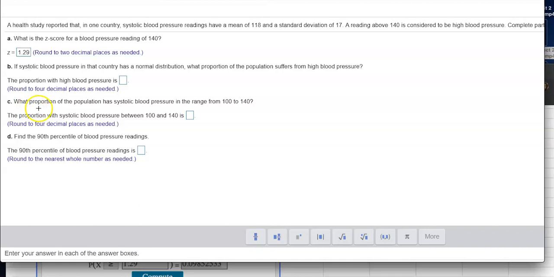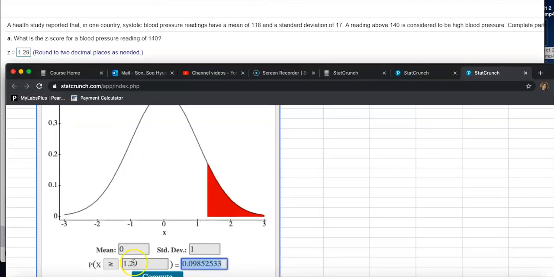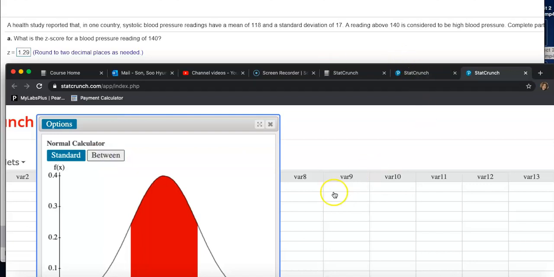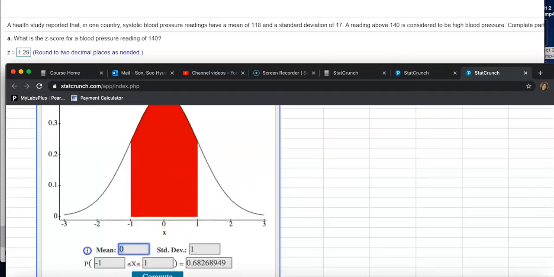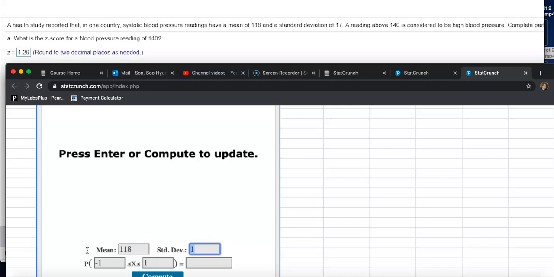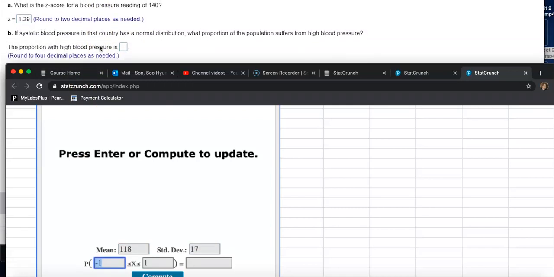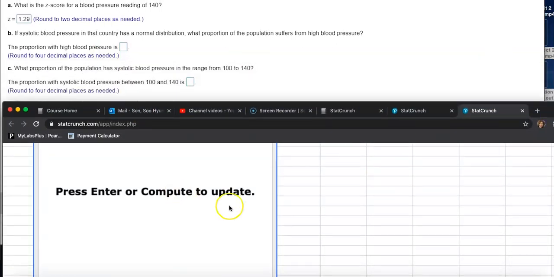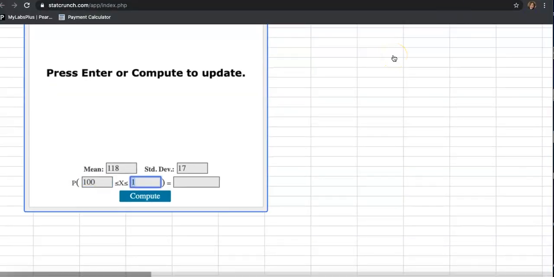Let's look at C. What proportion of the population has systolic blood pressure in the range from 100 to 140? Now, I'm going to click on between, and we know that the mean is given as 118 and the standard deviation is 17. So type in 100 for the lower bound and 140 for the upper bound and click compute.